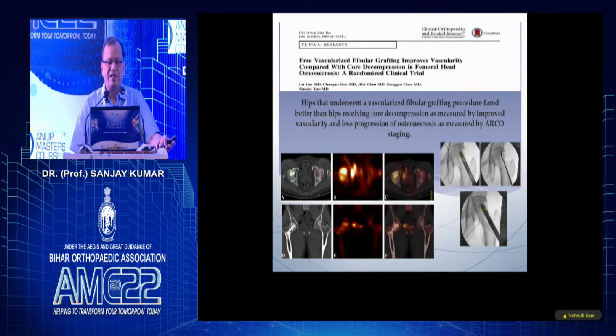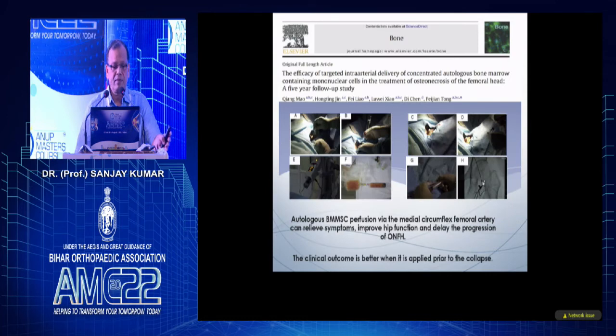Free vascularized grafts like fibula or iliac crest have a predictable result, and are the best among the lot. Targeted intra-arterial delivery of concentrated autologous bone marrow can be given, and it can be injected directly to the lesion site.